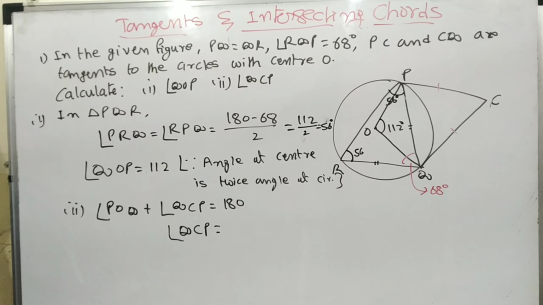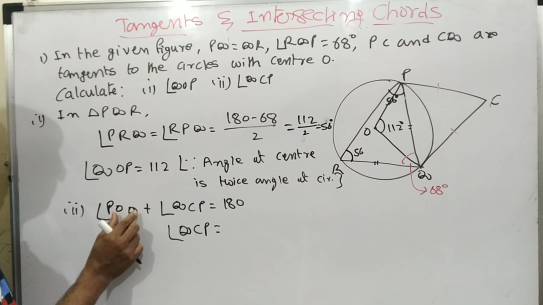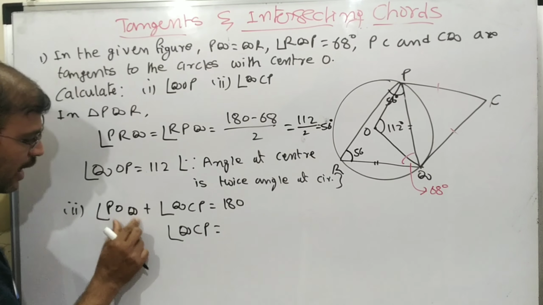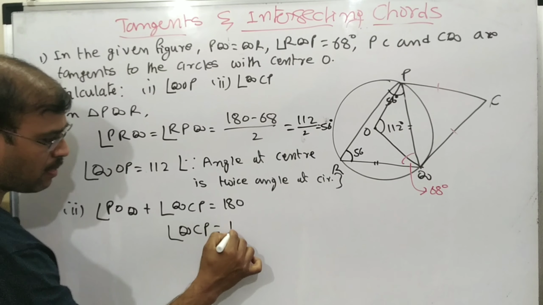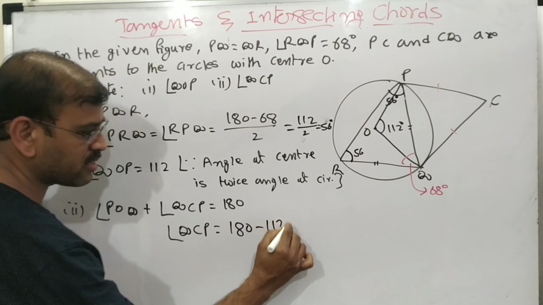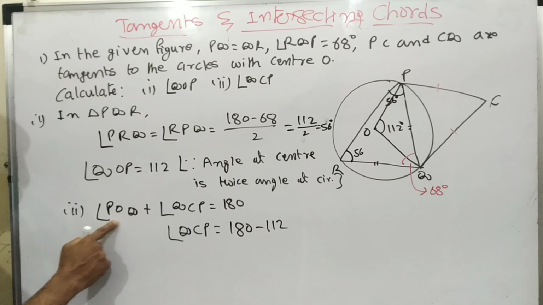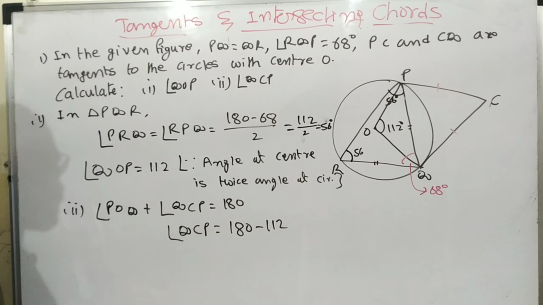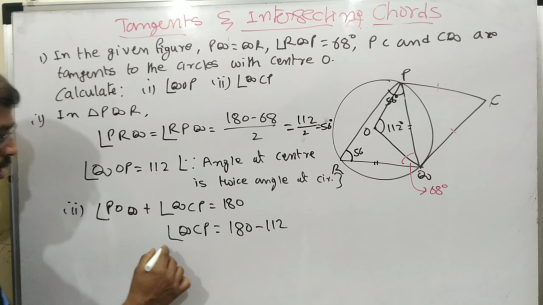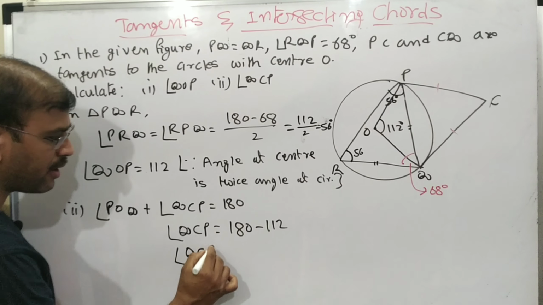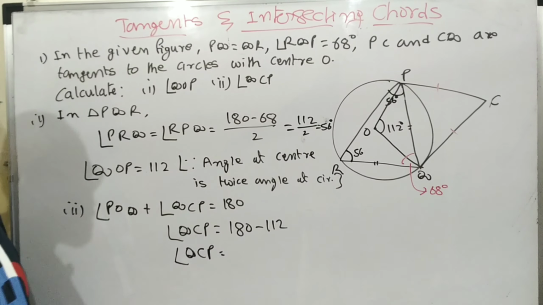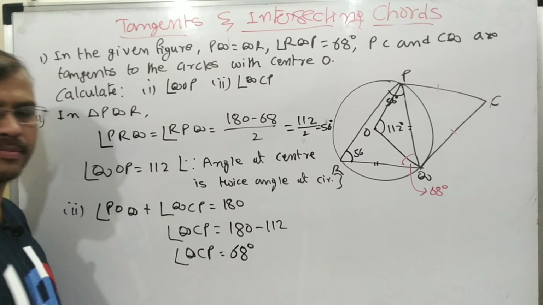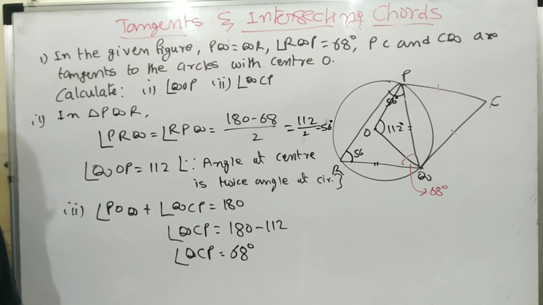I am keeping one side of the equal. POQ, how much did we get? 112. This 112, you take other side. 180 minus 112. So I have substituted 112 for POQ, then taken the other side. Then QCP equal to 180 minus 112. That will be 68 degrees.